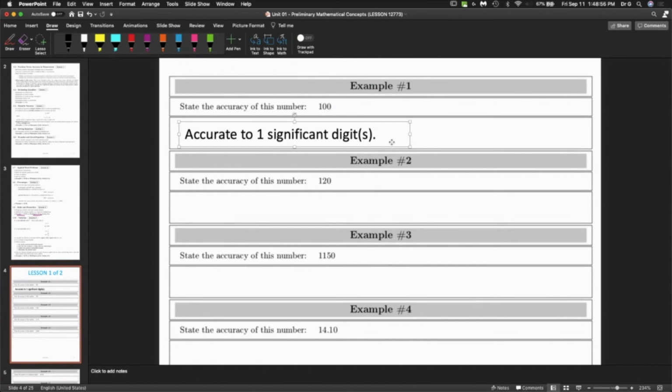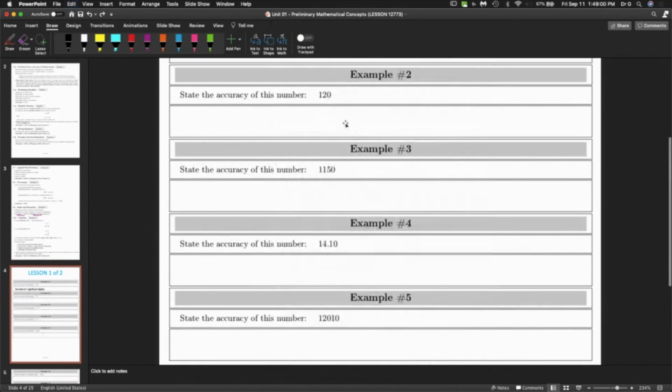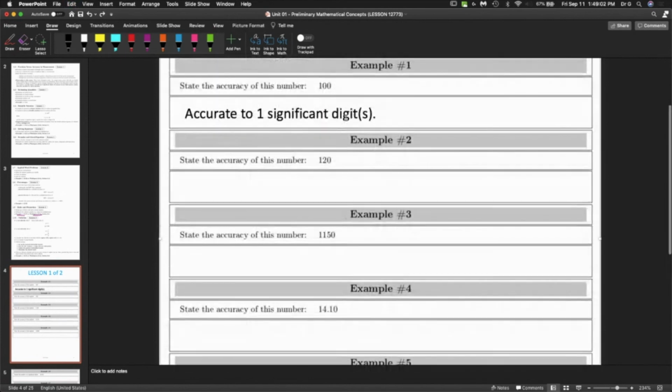So I'm going to copy and paste this text box. And I just want you to do examples 2 to 5. You got 20 seconds.